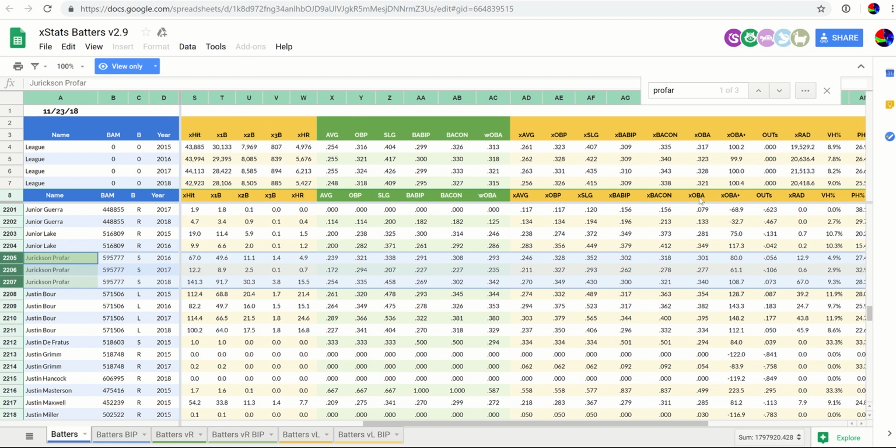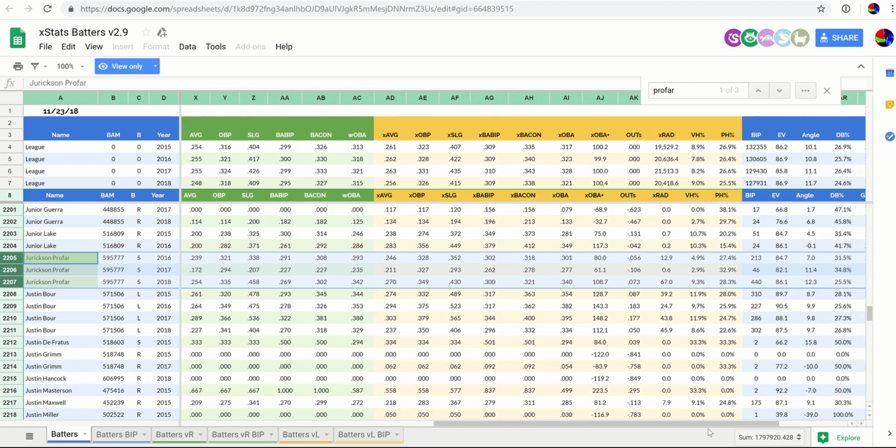You have wOBA, and xOBA over here, not xwOBA since that's the Baseball Savant version of it. So you can see .254 average, .270 expected average. What this tells you is maybe Profar was a little bit unlucky last year on balls in play in terms of those falling in, maybe a little bit lucky on home runs.